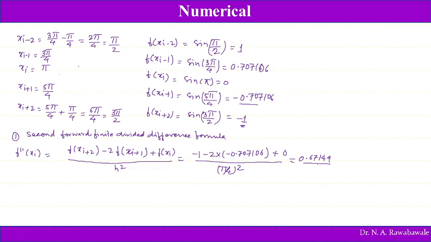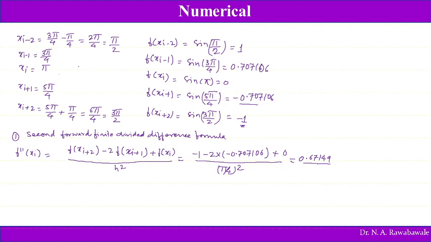Minus 1 plus 2 into 0.707106 divided by pi divided by 4, bracket then square.